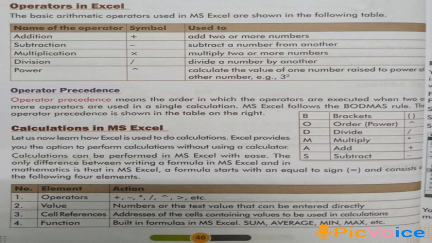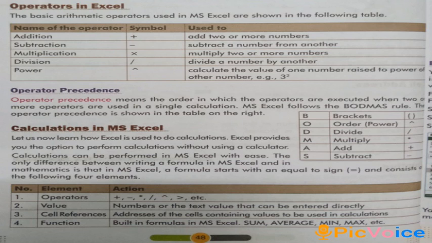Subtraction: subtract a number from another. Multiplication: multiply two or more numbers. Division: divide a number by another. Power: calculate the value of one number raised to the power of another number, for example 3 to the power 2.